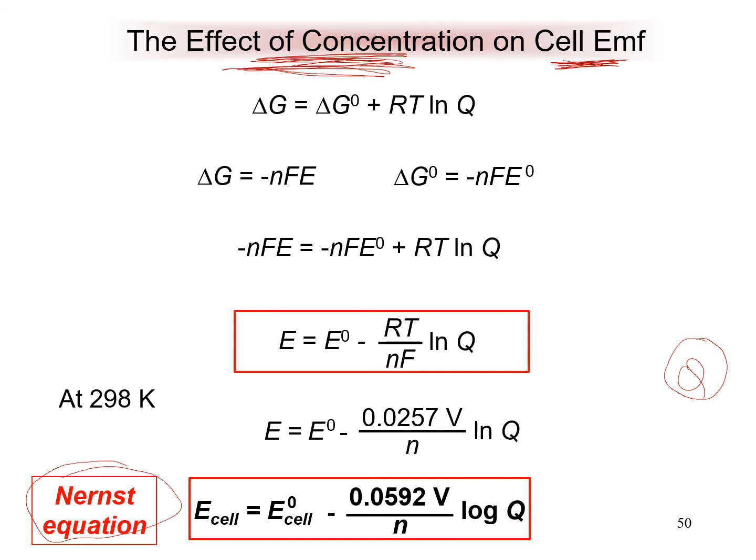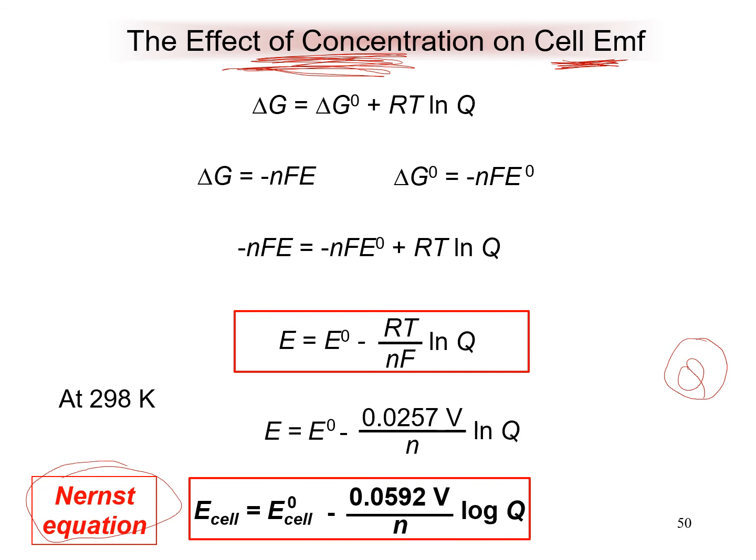If I replace delta G with this and delta G naught with this, it gives me this expression. Now if I take nF common on both the sides and divide both the sides by negative nF, this divided by nF would cancel nF, this divided by nF would cancel nF, and this divided by negative nF would give you this right here.